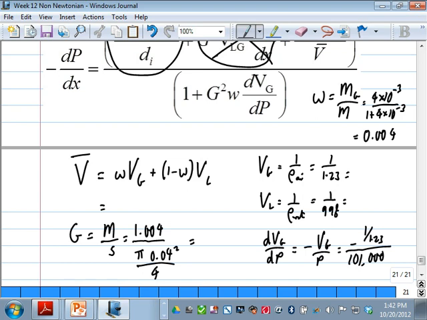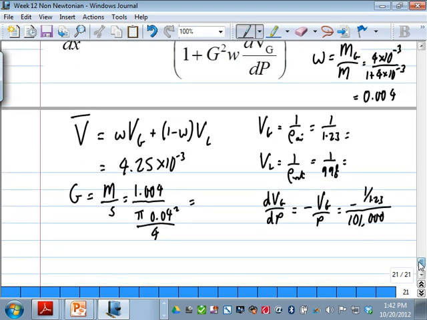What is D bar? 4.25 times 10 to the power of negative 3. What is dVg/dP? Minus 6.